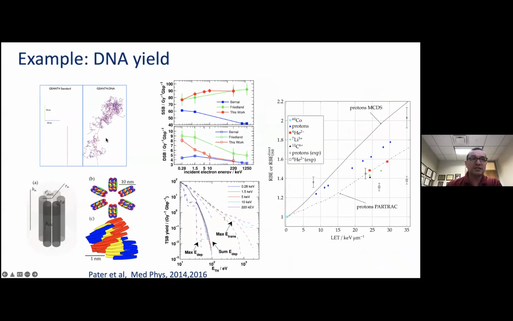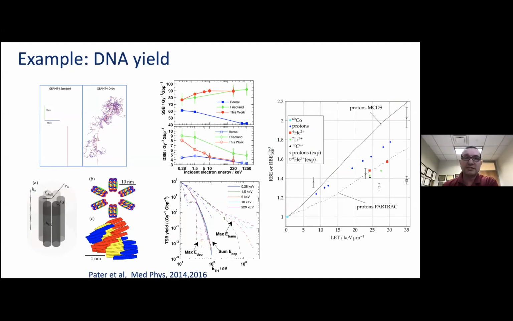So this is a typical Geant4, just a standard one showing you ionization, and this is the Geant4 DNA, which has a model for the DNA structure, the double helix. And in these models, you can define the different parameters depending on which DNA structure you wish to choose.